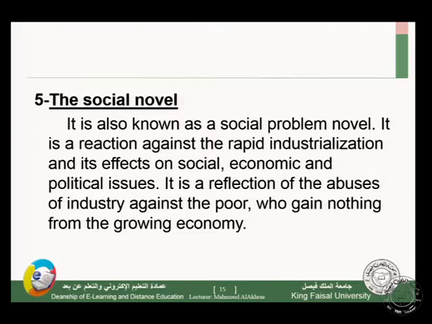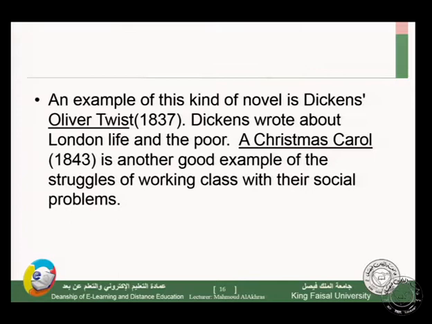It is a reflection of the abuses of industry against the poor who gain nothing from the growing economy. So this kind of novel focuses on social problems, and it is against industrialization. An example of this kind of novel is Dickens' Oliver Twist, which was written in 1837.